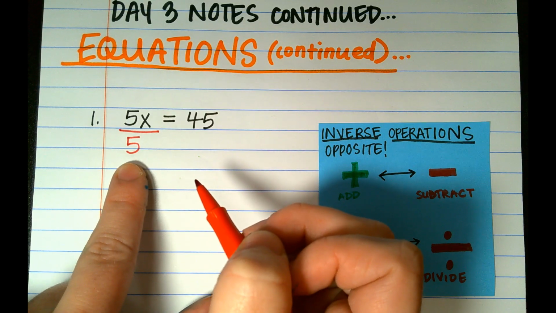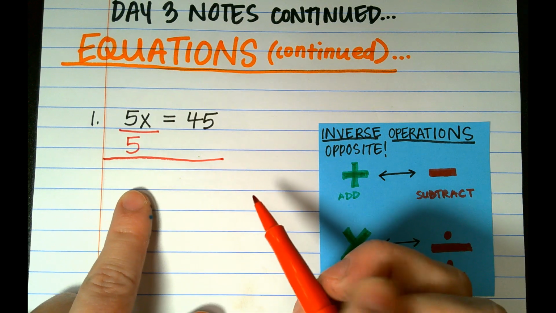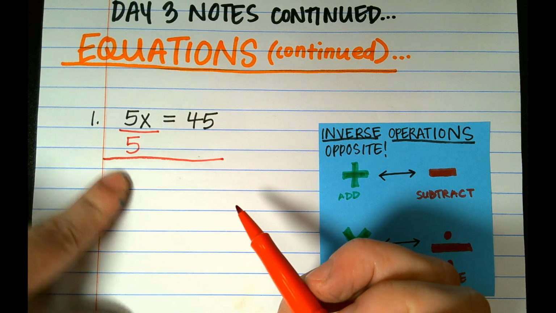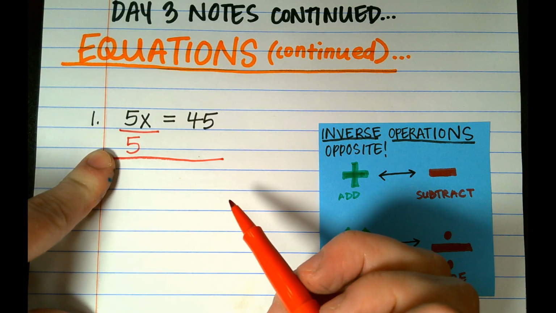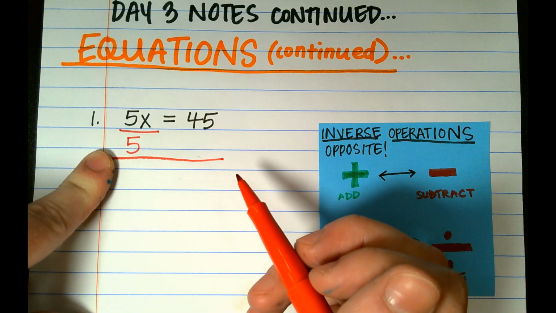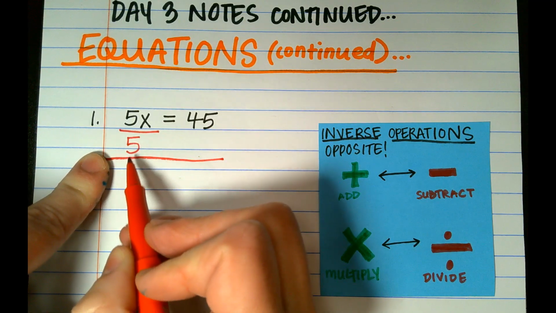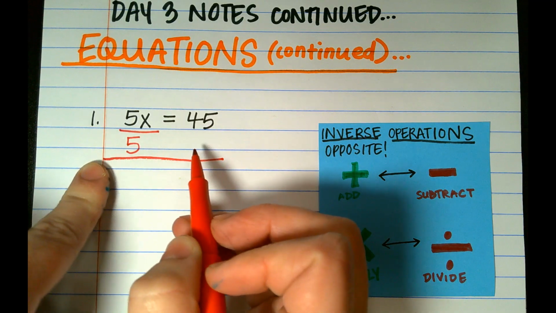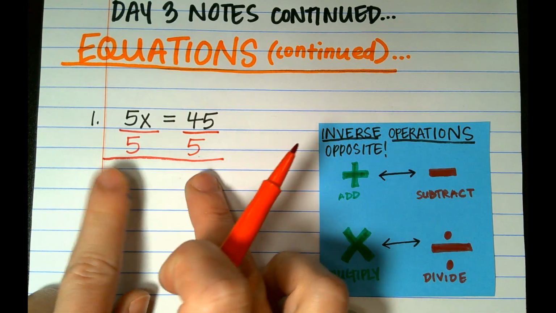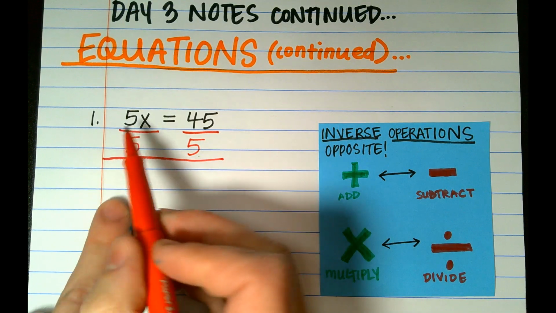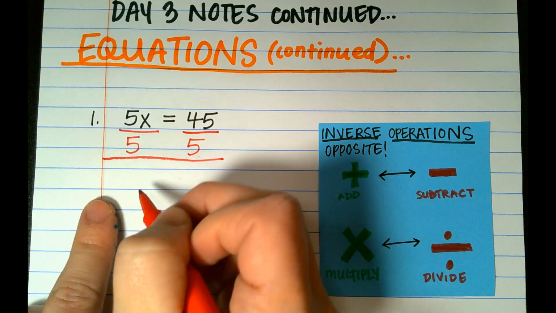Yes, we have to always do it on both sides. So divide by 5 on both sides. So 5 divided by 5 is 1.